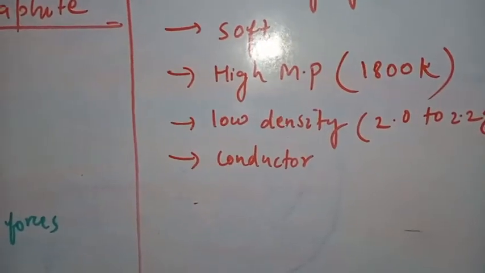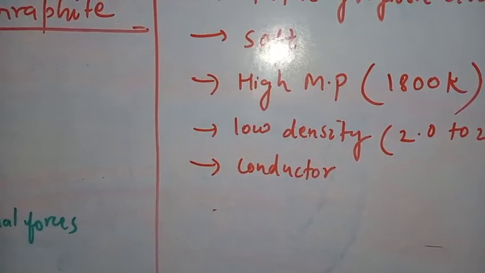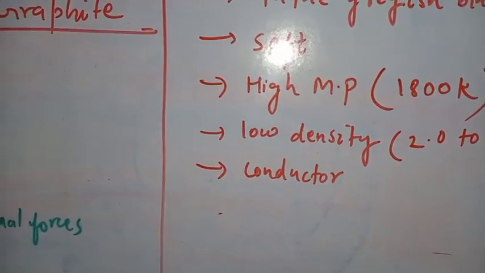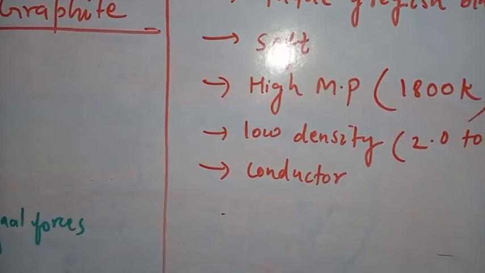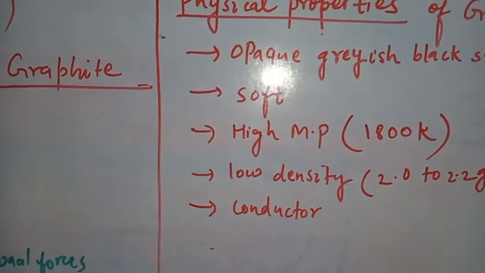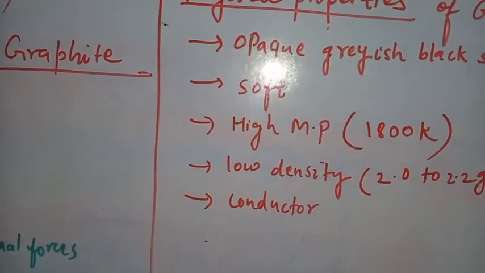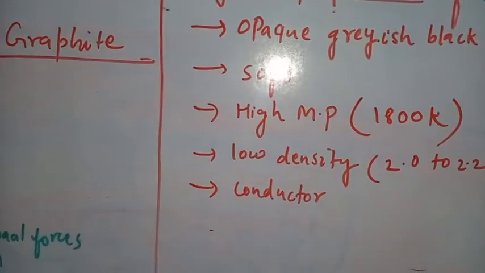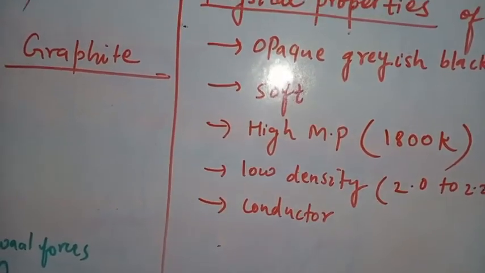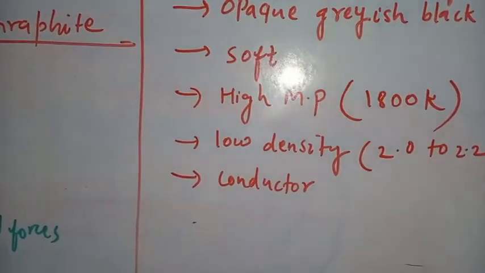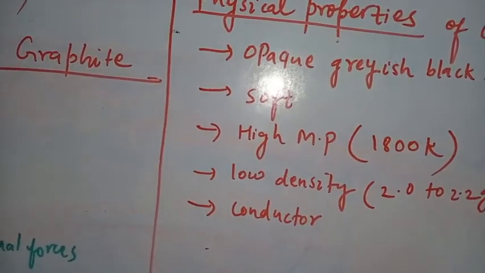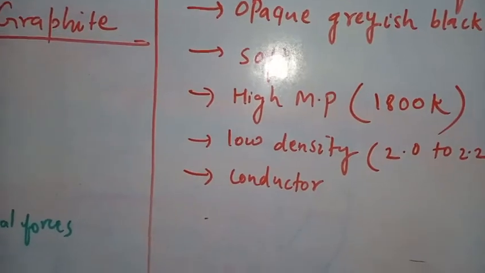Another use of graphite: it is also used as the carbon electrode in dry cells. In dry cells you would have studied about the electrode. The electrode there is made up of carbon, and that is nothing but the graphite electrode.